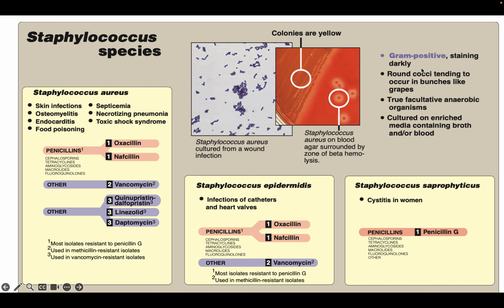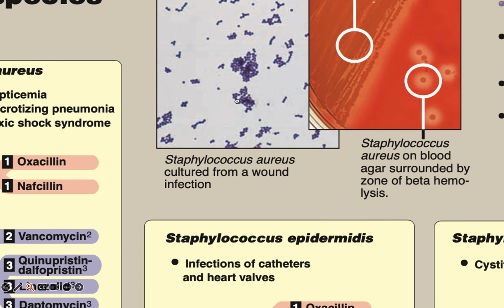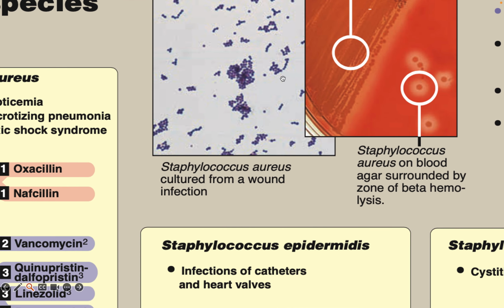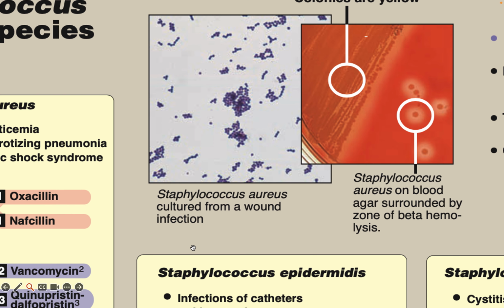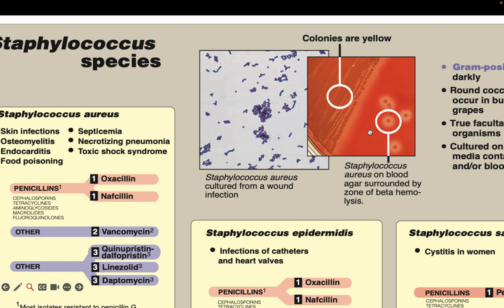Now, how do they grow? They are round cocci. They tend to occur in branches, grape-like structures, like grapes. Not all of them, but you'll see a lot of this kind of structure here. This is a culture from a wound infection.